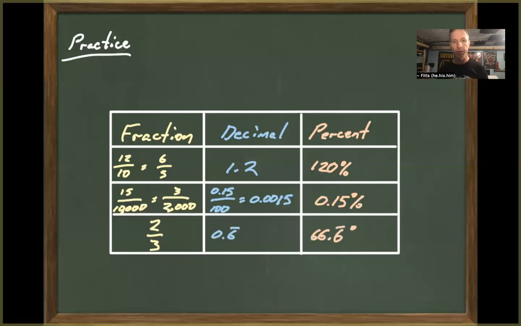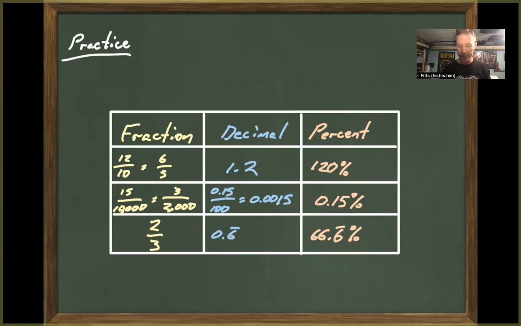Last one. See what we got. 2/3. Okay, 2/3 is the same as 0.6 repeating. This is a rational number. It is rational. It can be expressed as a fraction or a ratio. 0.666666 repeating. So if we go ahead and plug that in our graphing calculator, you're going to see it's 0.66666, and then it rounds up the last one to a 7. So it approximates it. Or it's 66.6 repeating percent.